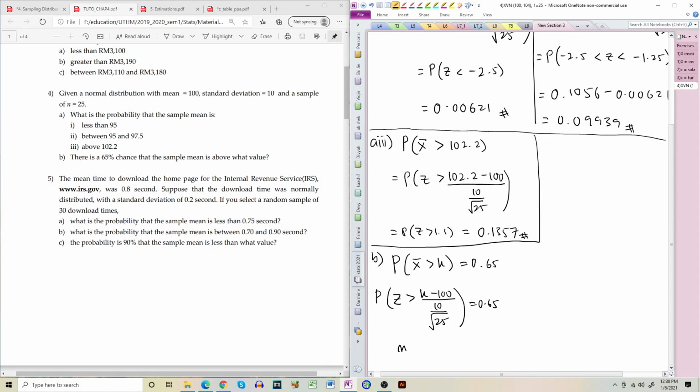This is exactly what we did for the normal distribution, if you recall.